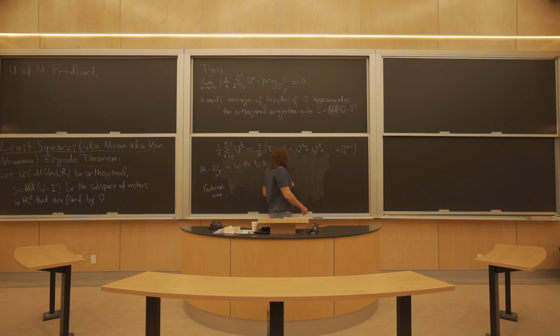So you can just sum over all entries the squares. That's what that is. It's not really that important in this case.